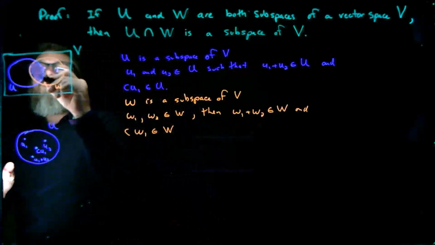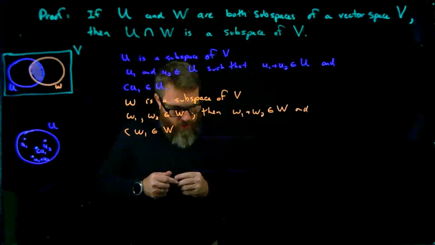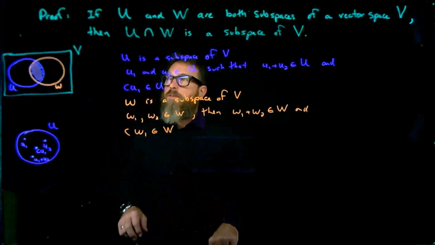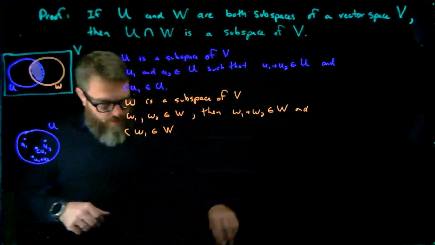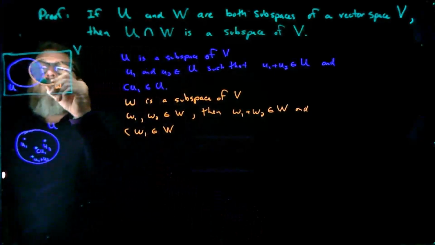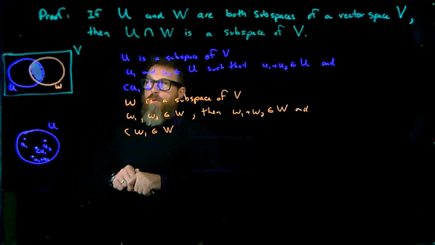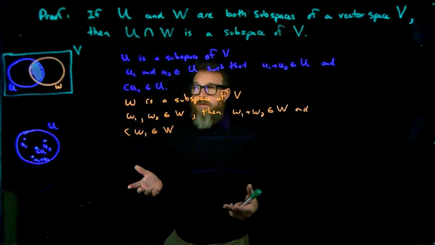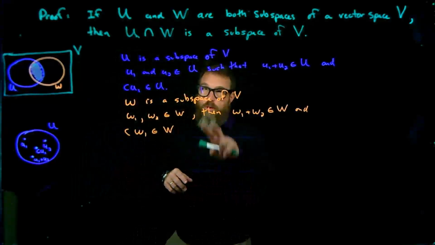So let's draw it in green. I have to prove that that piece there is also a subspace, that it has these two properties.